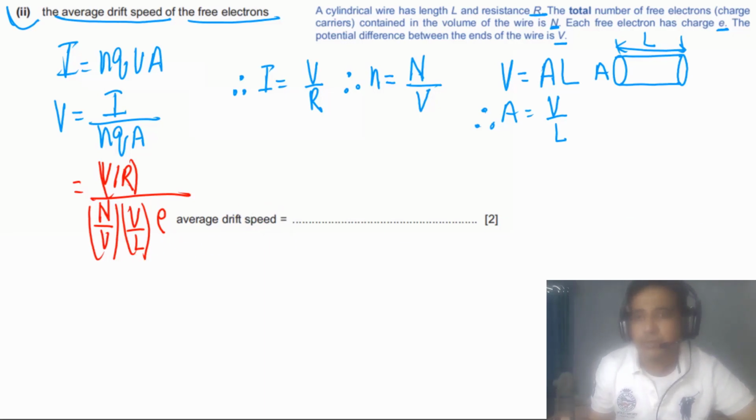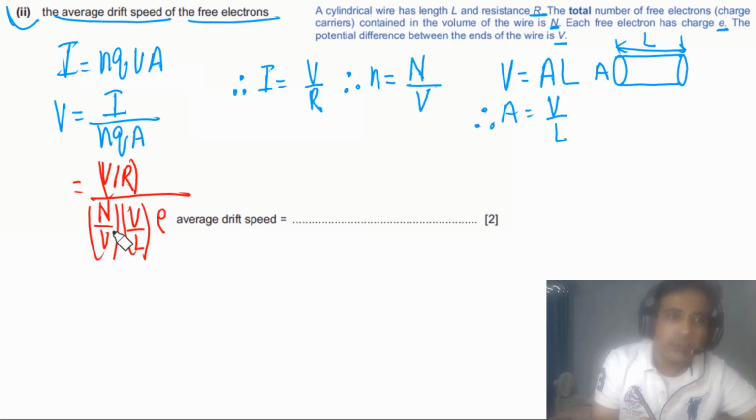So this V we can cancel with this V. So we are left with, here we have V, this is the potential difference. This is volume, this is also volume, so we can cancel the volumes, but we cannot cancel the potential difference. So we can write down V divided by R, and this is divided by N times e, and this is divided by L.